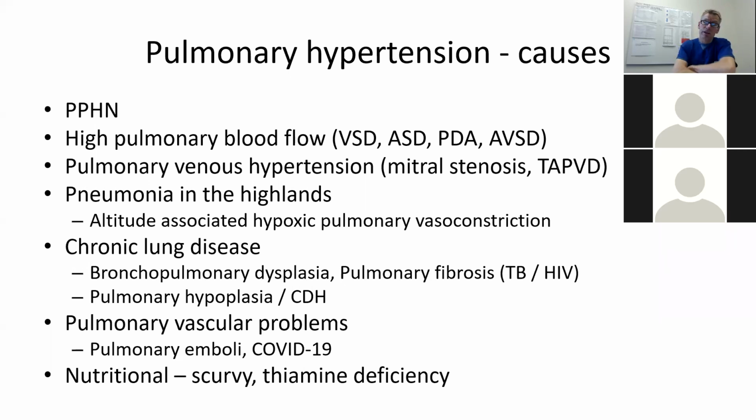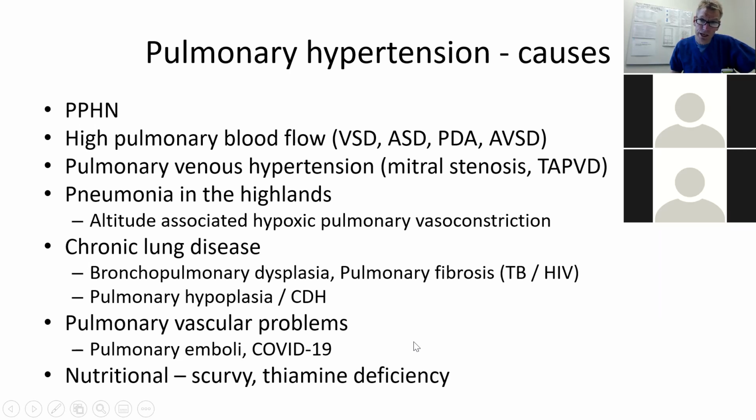And then there's a group of conditions I really want you to know about, and that's the other causes of pulmonary hypertension, and they're nutritional. There are children that have vitamin C deficiency or thiamine deficiency. So if kids have malnutrition, then they can have pulmonary hypertension from scurvy or thiamine deficiency. And I think this might be a feature of pulmonary hypertension in children in Papua New Guinea, particularly in the highlands, where there's the combination of pneumonia, hypoxia, and malnutrition.